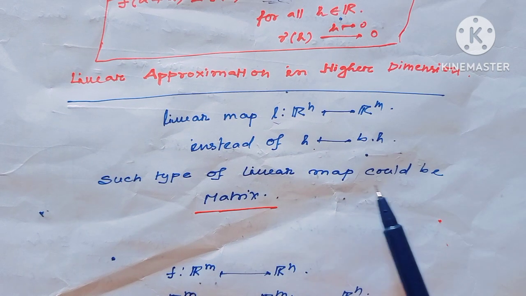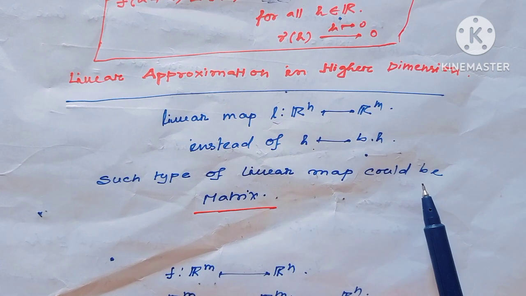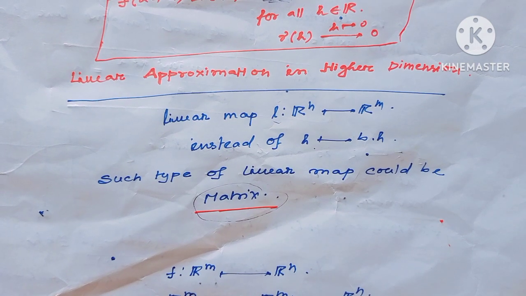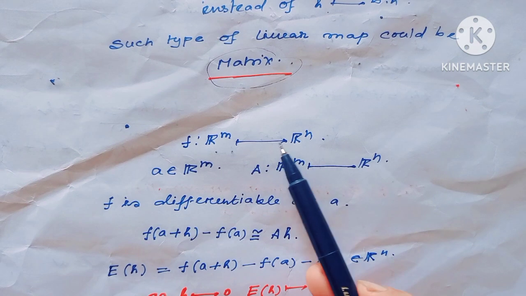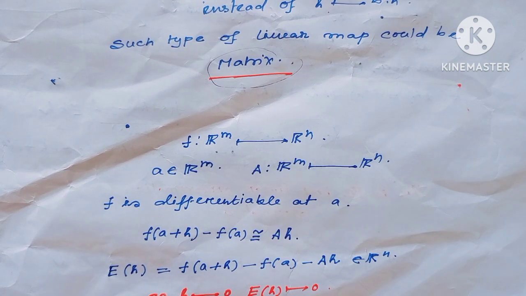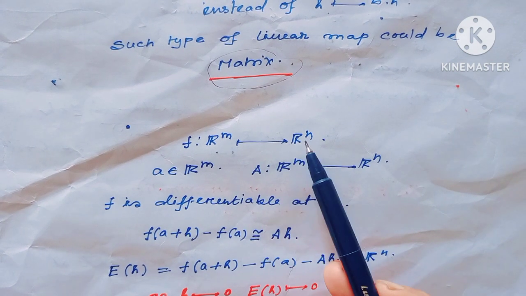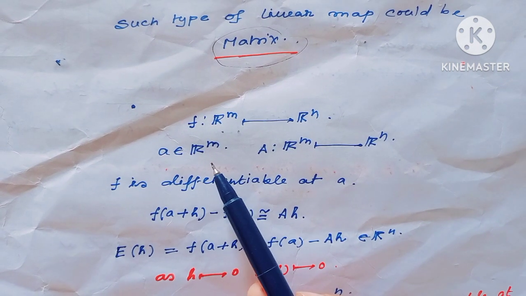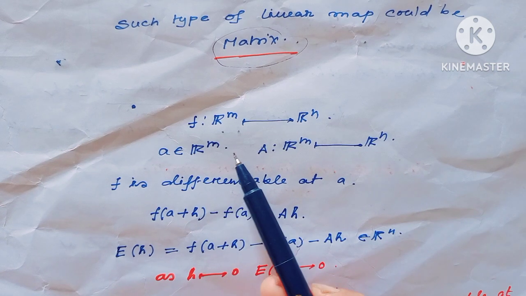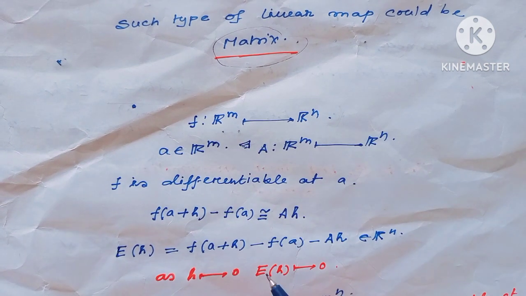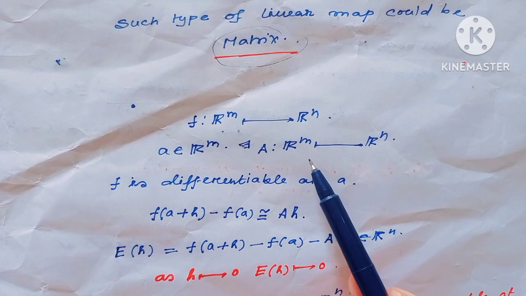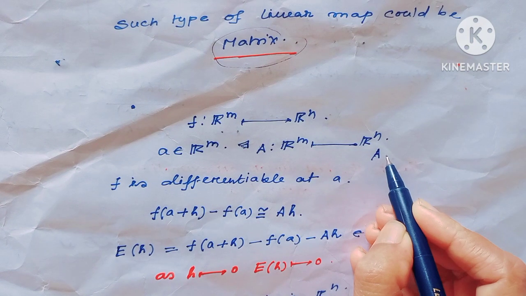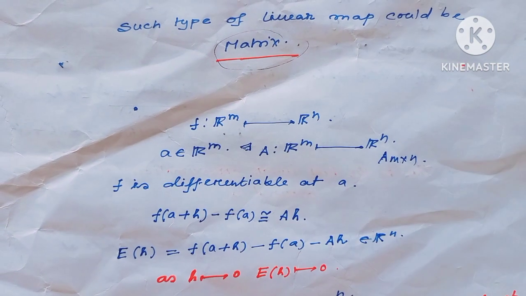Such a linear map could be a matrix. That means when a function is defined from Rm to Rn, the function is differentiable at the point a belonging to Rm means there exists a matrix A defined from Rm to Rn, so A is an m cross n matrix.